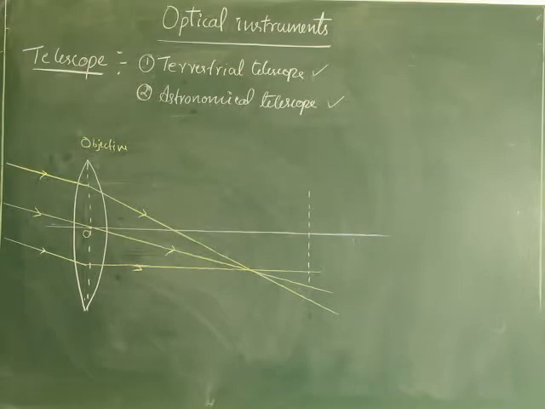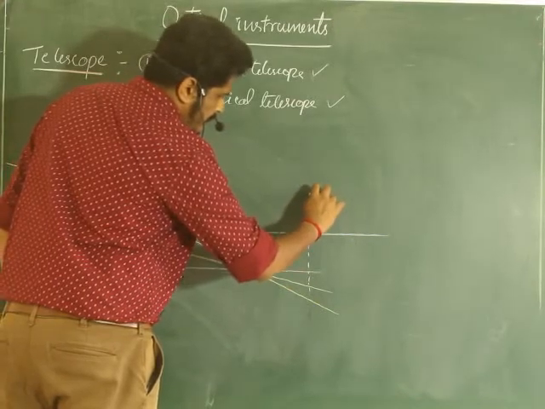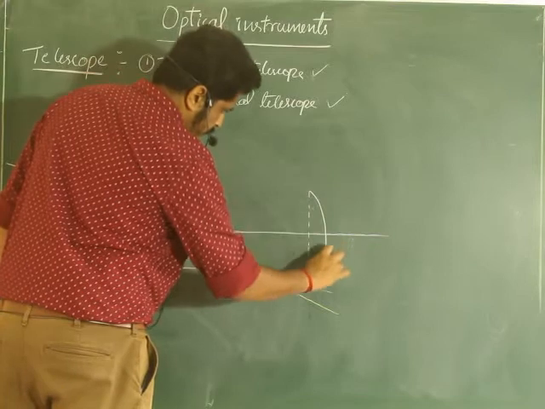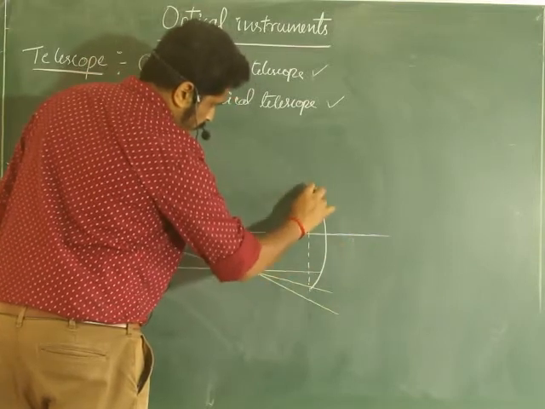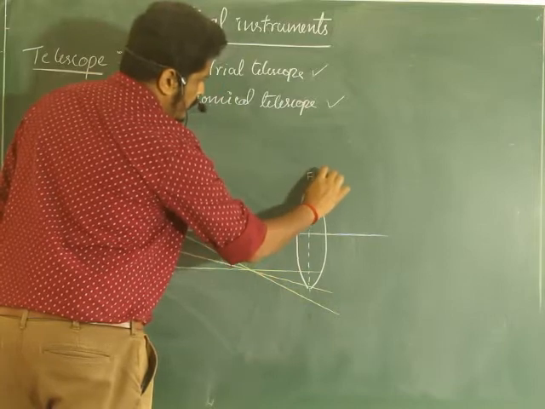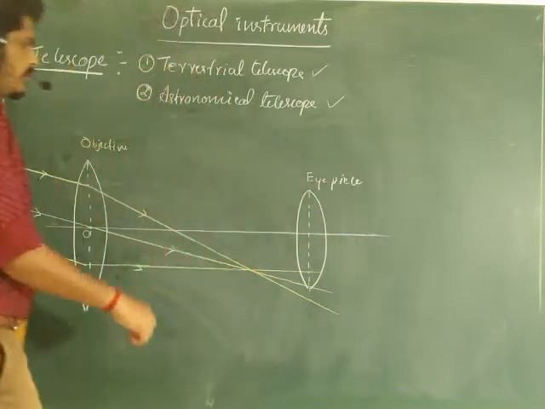So now I will draw the lens here. Compared to the objective, the eyepiece is smaller.